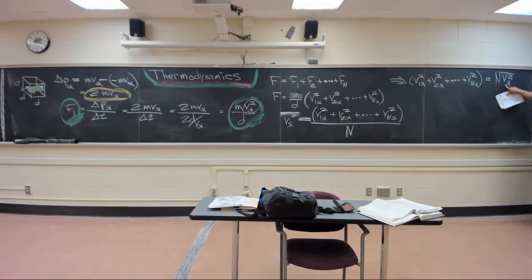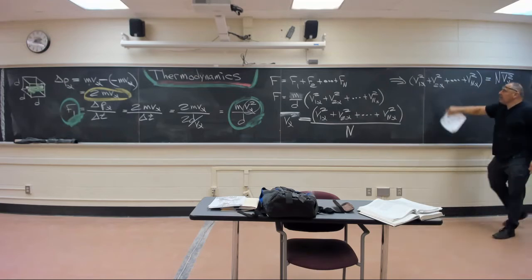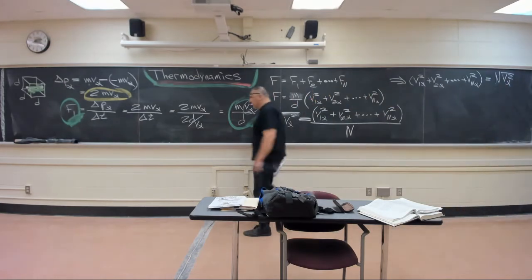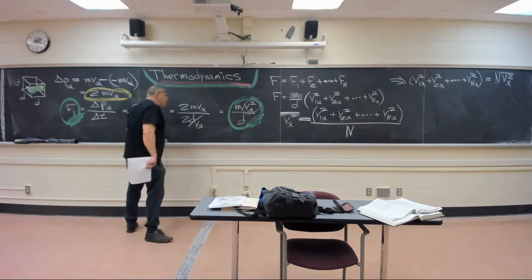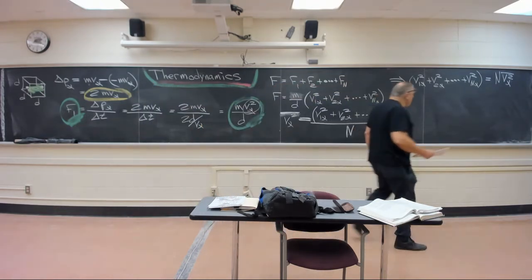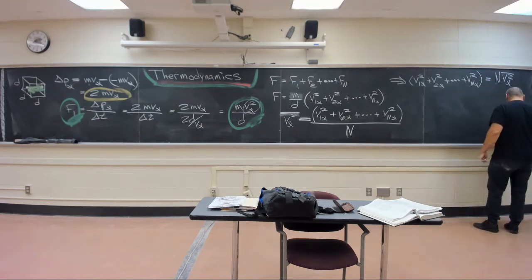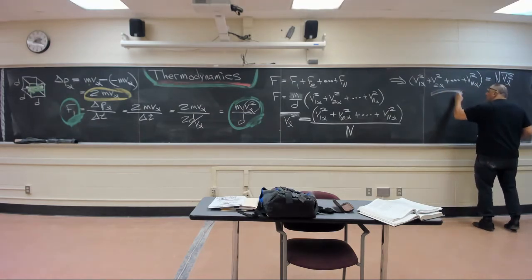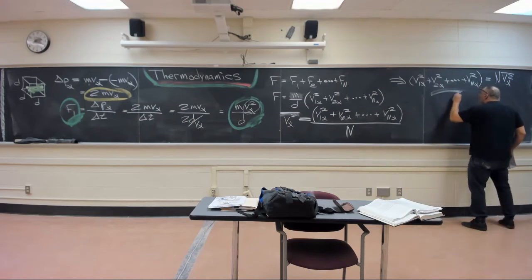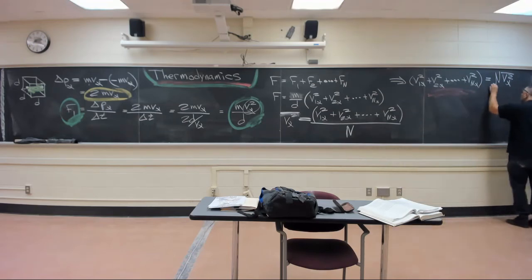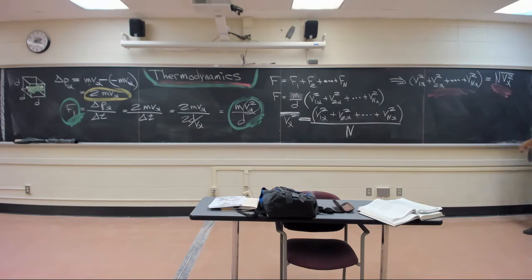The average of all the squares times the number of items. The average of all the squared velocities times the number of items that had those velocities, or from which you drew that conclusion, better put. True.